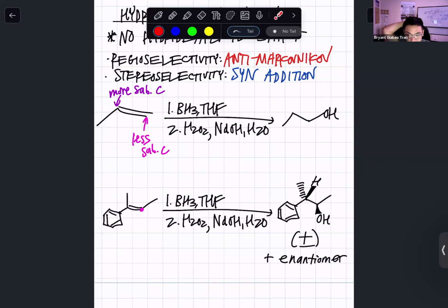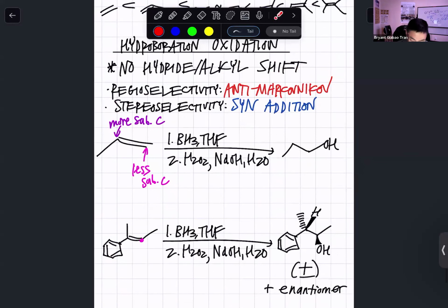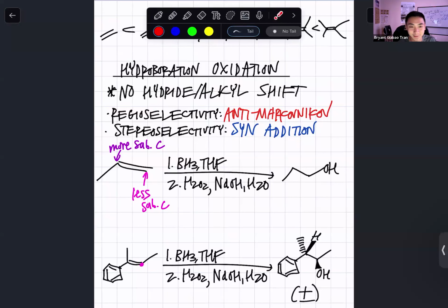I can explain it to you, but I'll need more time because it's so detailed and confusing that it can take at least 15-20 minutes to explain the whole mechanism. But here's what will be tested about this reaction.